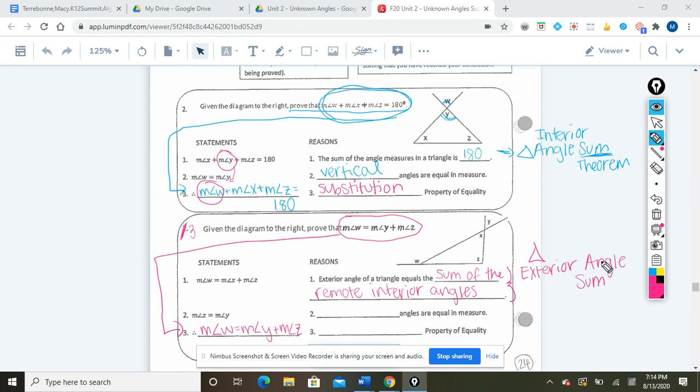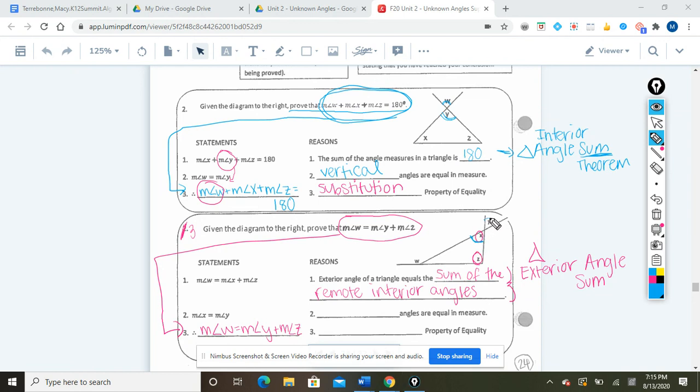It means the exterior angle is equal to the sum of the two remote interior angles. And remember, the remote interior angles are the ones that are inside the triangle, but not next door to the outside angle. Okay, then it tells us X is equal to Y.